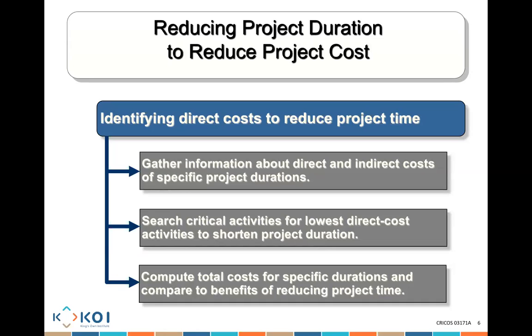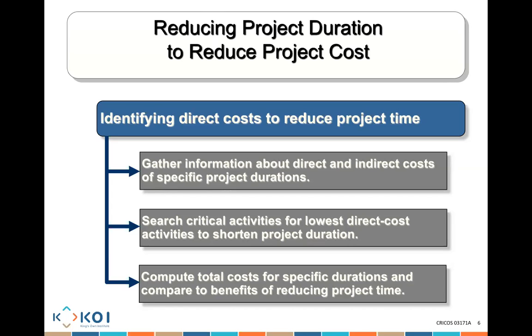Then I need to search for critical activities with the lowest direct cost to shorten the project duration. So which activities are on the critical path? From these activities on the critical path, there could be more than one activity I could reduce. My job would be to look at those activities and ask myself, okay, from all of these activities, which one is going to cost me less money if I was to crash it?